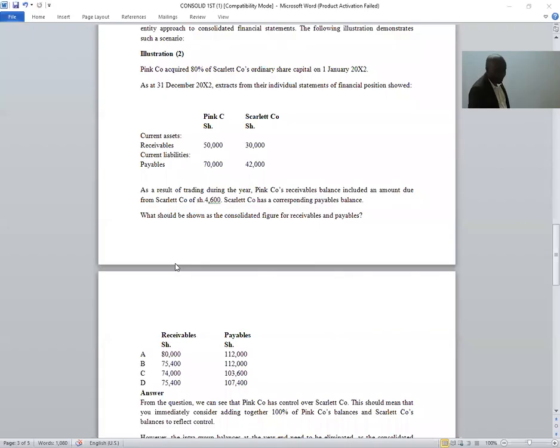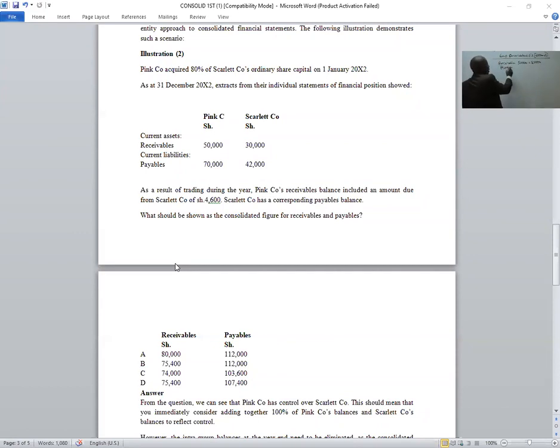Here we have the group consolidated financial statements, which is an extract, not the whole of it. So we have receivables: 50,000, because I'm consolidating, I'm adding, right? Plus 30,000.